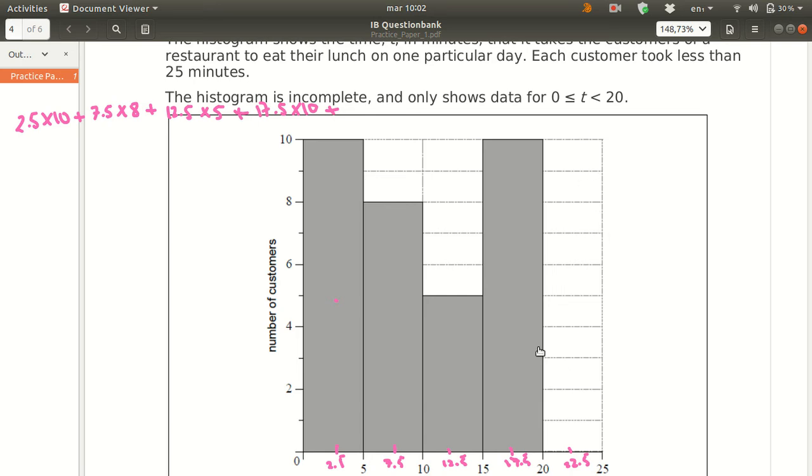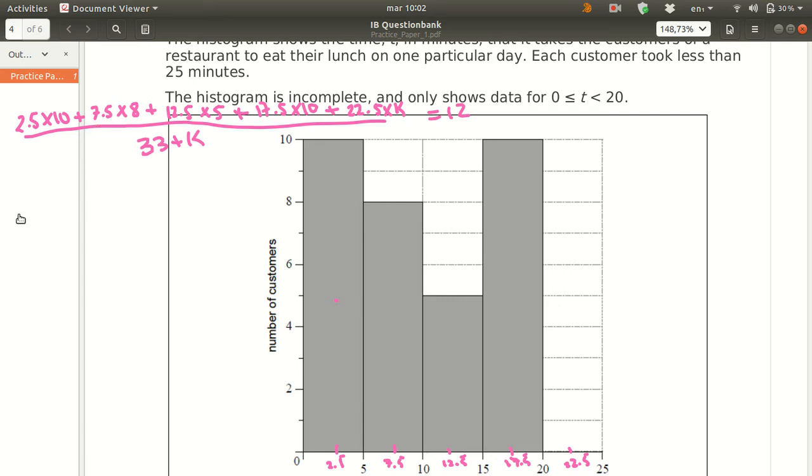Remember that this one is unknown. We divide it by the total number of data points, which from the last part we know is 33 plus k, and this is equal to 12. And we need to isolate for k. So of course I have to do all of these products.